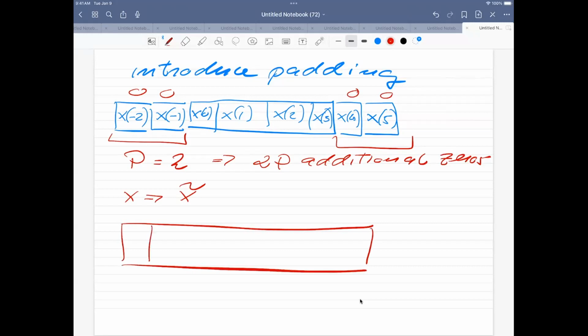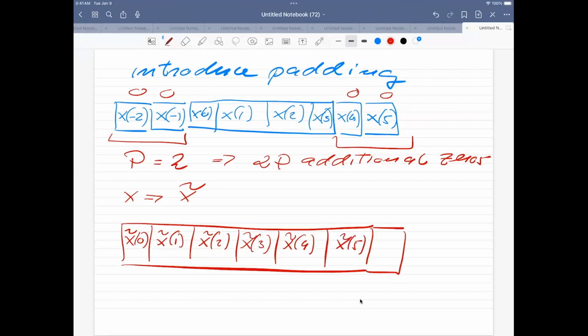So I'm just going to define this x tilde 0, x1, and then x2, and then I have my x3, I have my x4, I have my x5, so that's 3, and then we have x6, and finally x tilde 7. So these guys are 0, 0. This is now given by the old variables, beta 0, beta 1, beta 2, and then I have beta 3, 0, and 0. So that's my new vector.